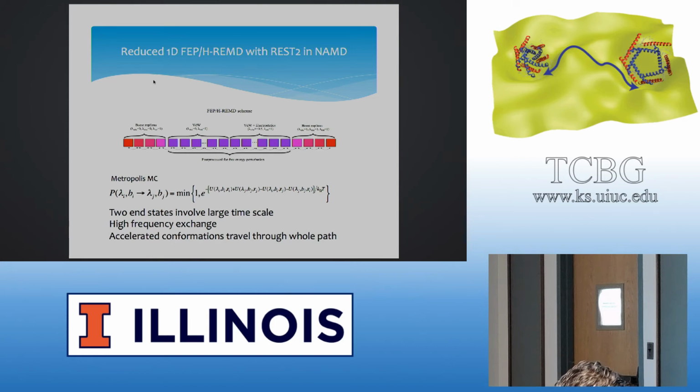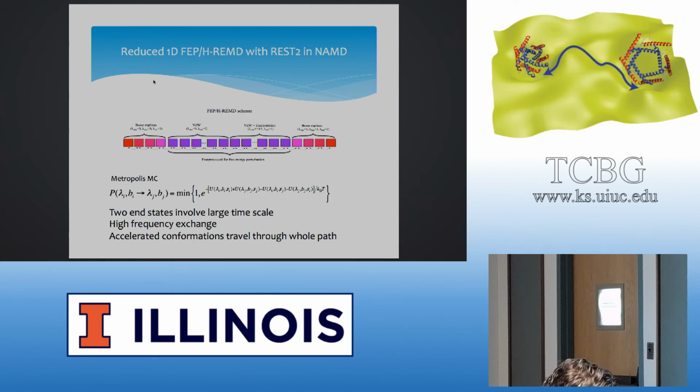REST2 replicas. But here I would say, for absolute binding free energy, if you already have a well-defined crystal structure as the holo state, you don't need this part. Only this part is enough, because usually for absolute binding free energy calculation, the apo state suffers from the largest time scale, but the end state doesn't involve intensive sampling.